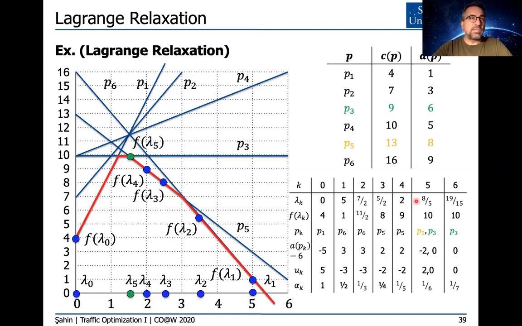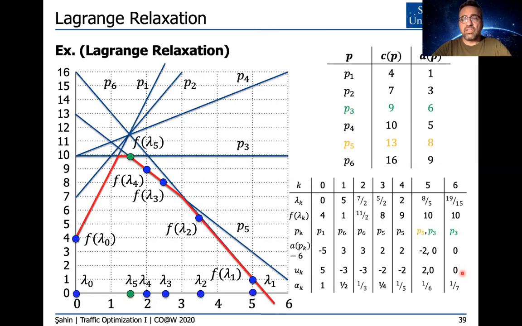At lambda 1.6, there are 2 tight paths, number 3 and number 5. If we stick with path 5 and do the corresponding calculations, the new lambda becomes 19 over 15. At lambda equal to 19 over 15, path 3 is still tight. Here, however, the slack becomes 0, which brings the subgradient also to 0. And this is basically proof of optimality.